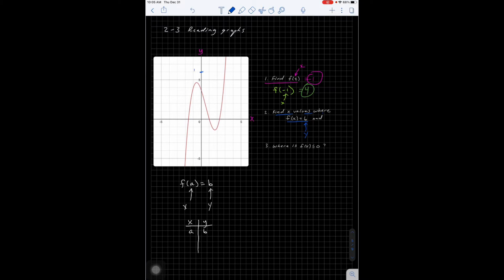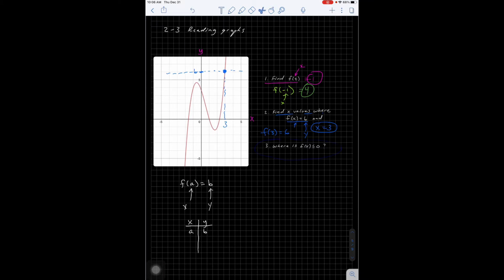So 6 is up here. And now I'm tracing side to side to see where I hit the graph. Okay, it's there. And I'm looking for the x value associated with that. So x equals 3 is going to be my answer. Or you could write f of 3 equals 6. You're filling in that blank right there for the x value.